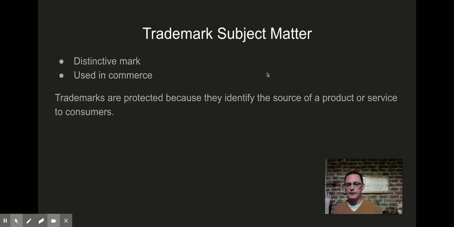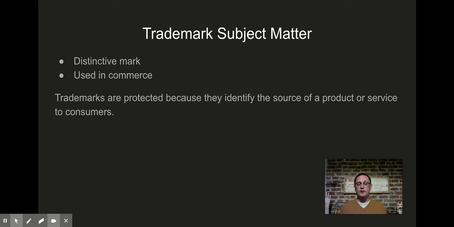So, as we discussed in our last class, a trademark is just any distinctive mark that's used in commerce. And as I said before, distinctiveness is really doing a huge amount of the work here, right? Distinctiveness means that a particular mark is communicating information about the source of a product or service to consumers, right?